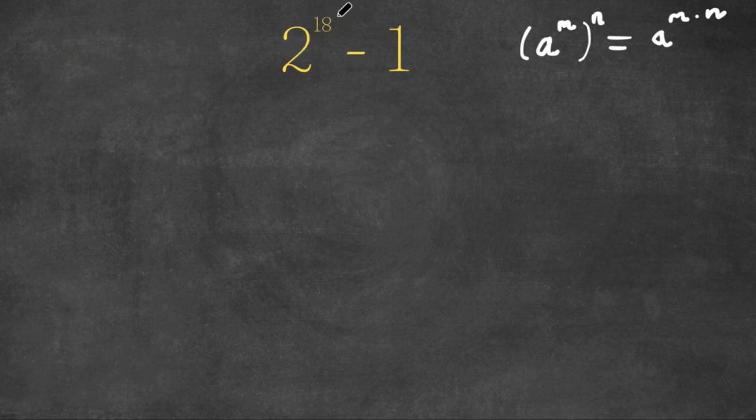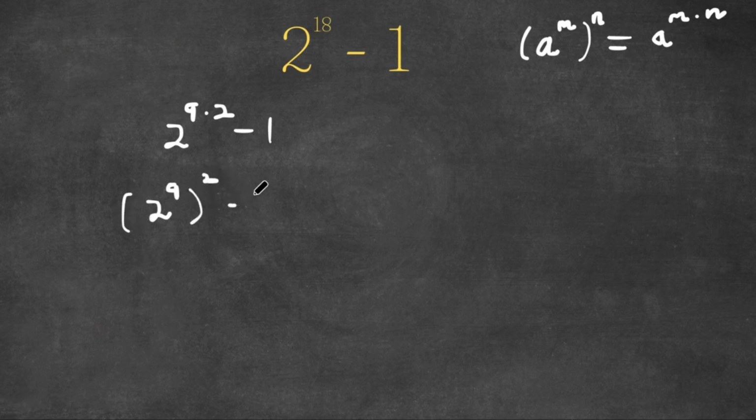So now we have 2 to the power of 18 here, and 18 can be written as 9 times 2. So let's say this is 2 to the power of 9 times 2, minus 1. And remember, if we have something in the form a to the power of m times n, we could write this as a to the power of m to the power of n. So now we could write this as (2 to the power of 9) to the power of 2 minus 1.